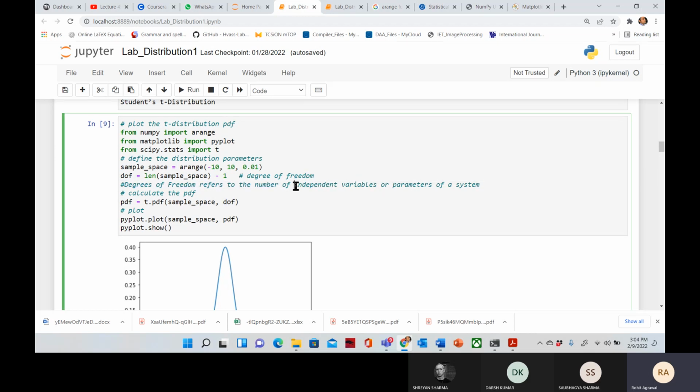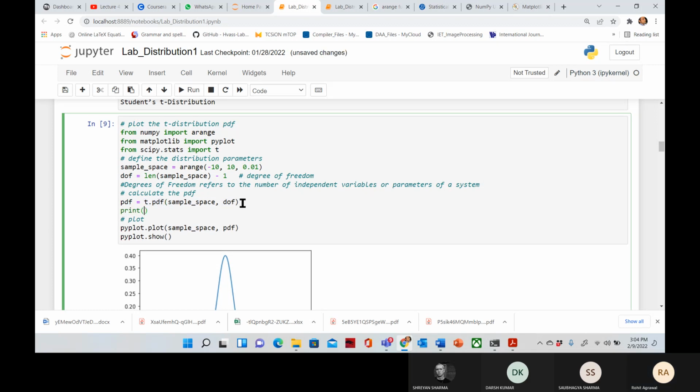We just assume that the degree of freedom is the length minus 1, so the number of parameters and degrees of freedom are almost the same. This is the probability density function when our data is following the Student's distribution: t.pdf. We can print this PDF and see.